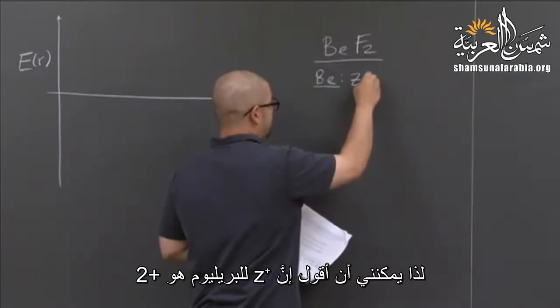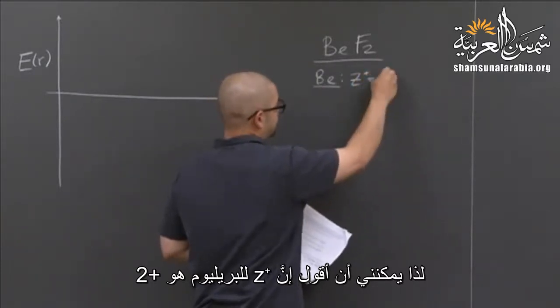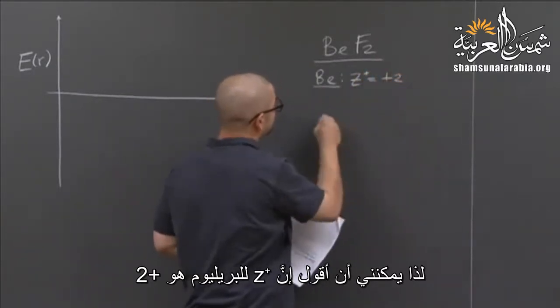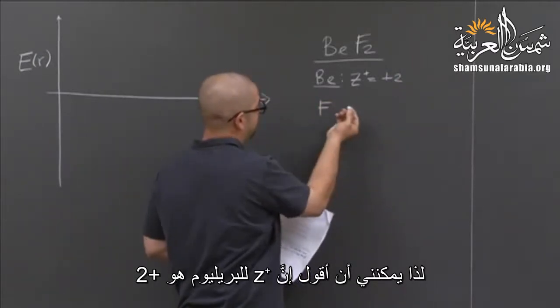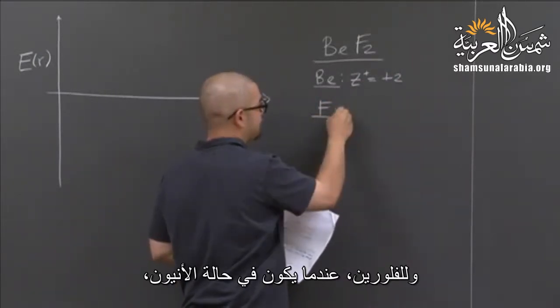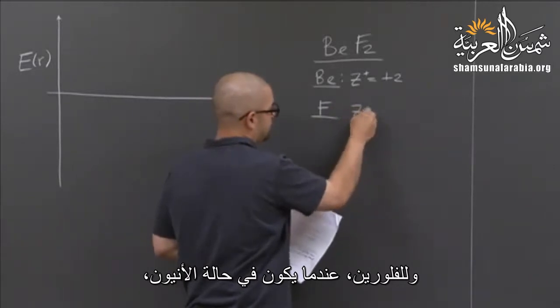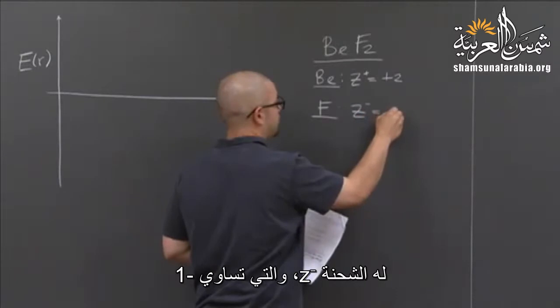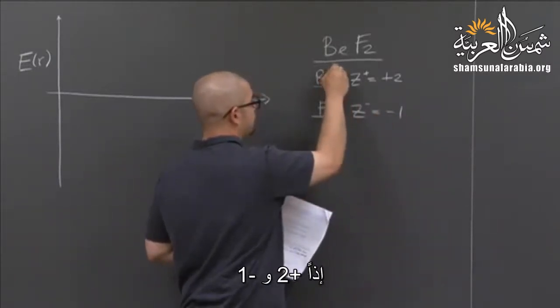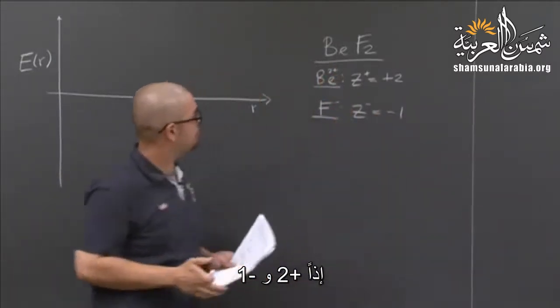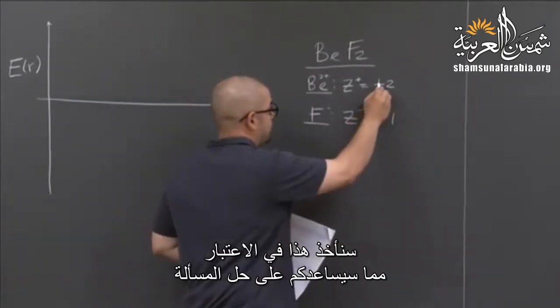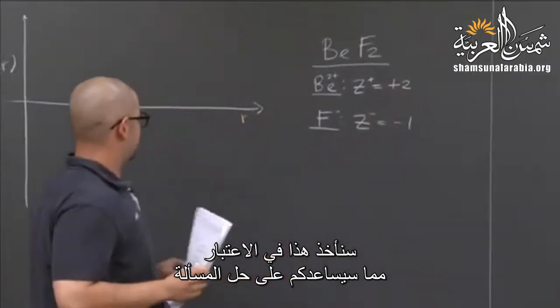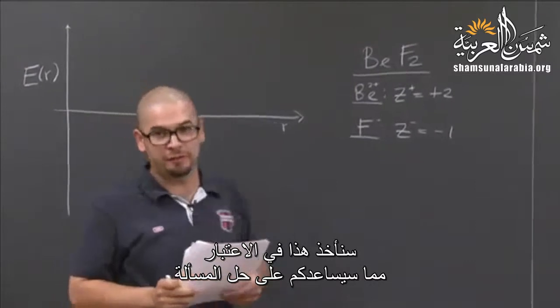I can say that Z plus for beryllium is +2. And for fluorine, in the anion state, the charge is equal to -1. So 2 plus and -1. With this in mind, you can solve the problem.